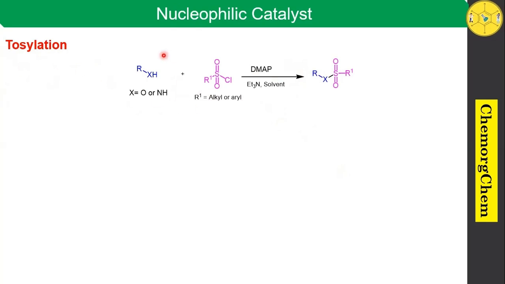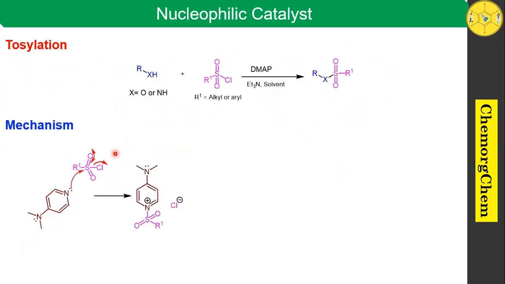For tosylation, you can take either an alcohol or an amine and react it with a sulfonyl chloride, either alkyl or aryl sulfonyl chloride, in the presence of DMAP and triethylamine, which readily produces the corresponding sulfonylated product. So let's see the mechanism. Initially DMAP reacts with aryl or alkyl sulfonyl chloride, which readily produces the corresponding active intermediate.